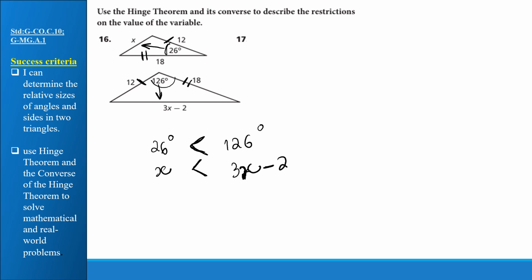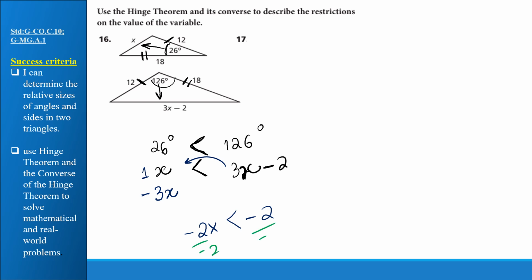Now solve. Bring the 3x here. Positive 3x becomes negative 3x. Here there is no number, which means 1. 1 minus 3 gives you negative 2x less than negative 2. Now divide both sides by negative 2.